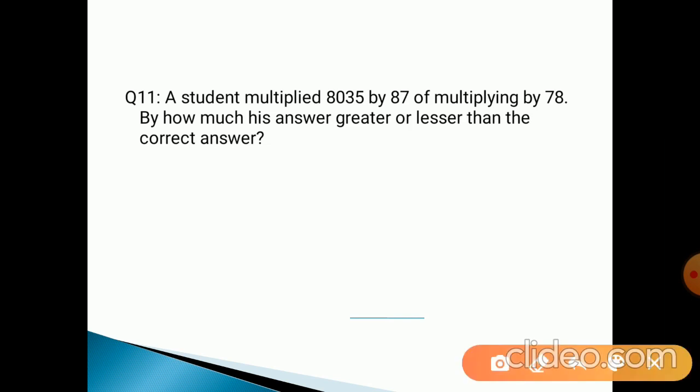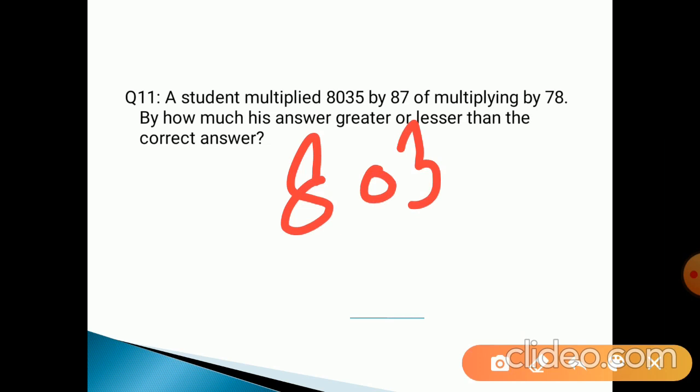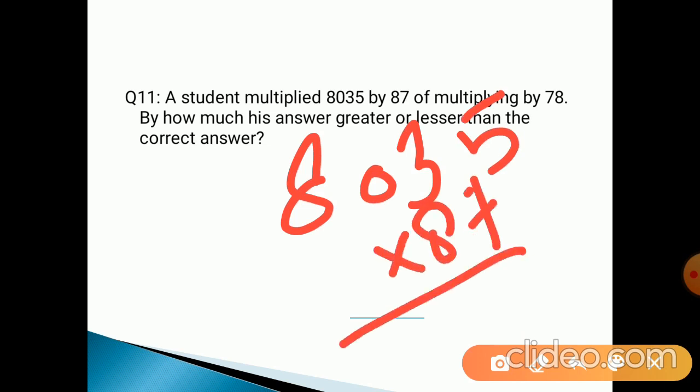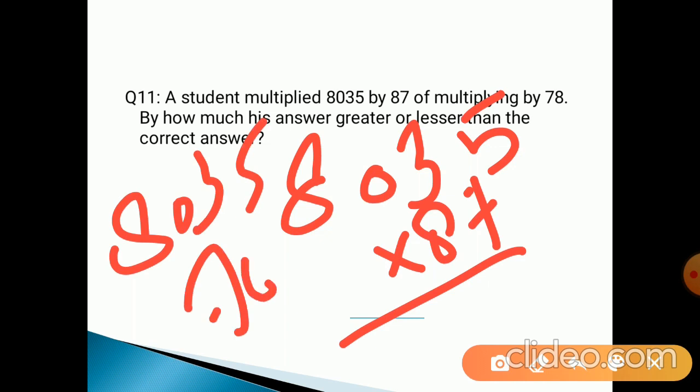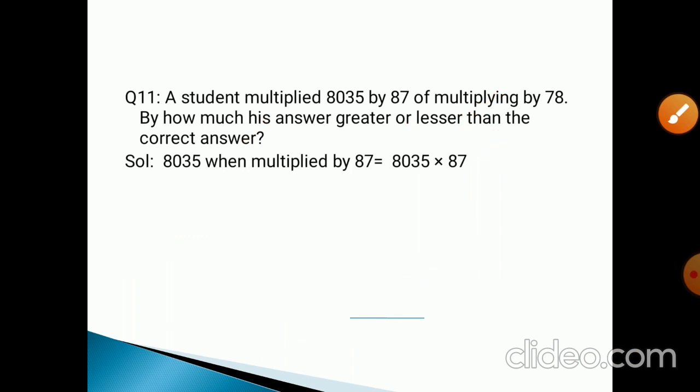So in this question he is saying, you have the number 8035 and a student multiplied this number by 87, but he was required to multiply by 78. उसे 87 से मल्टीप्लाई नहीं करना था, उसे 78 से मल्टीप्लाई करना था, मगर उसने गलती से कर दिया। तब आपको बताना है यहाँ पर कि उसके आंसर में कितने का डिफरेंस आया, आंसर कितना ज़्यादा या कितना कम था। So we will multiply 8035 by 87.